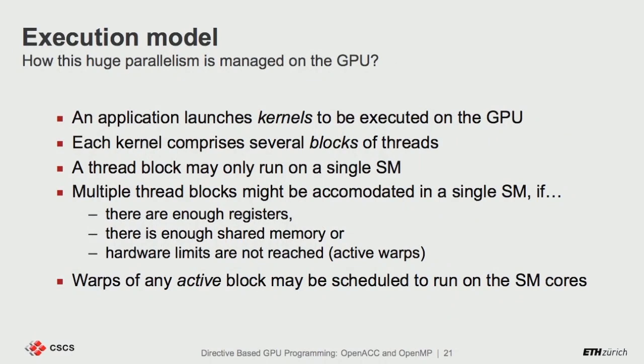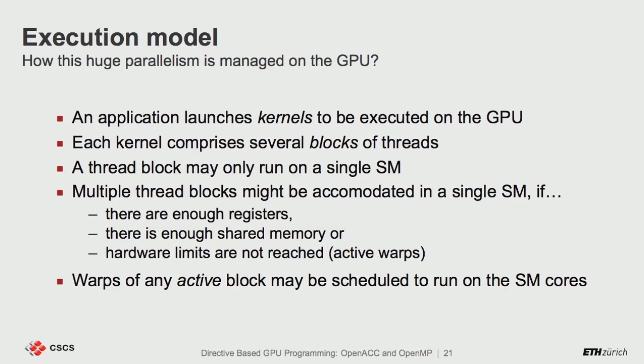Now each block is organized, as I said, in bunches of 32 threads that we call warps. These are the basic execution unit. So if you have a block with 128 threads, then you will have how many warps? 2, 4, 8 warps.